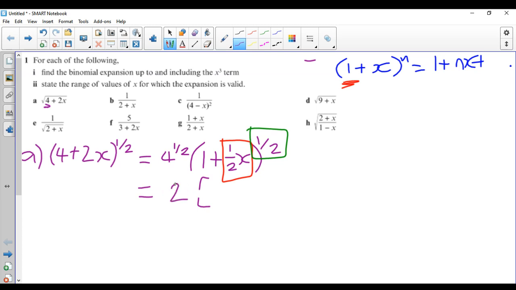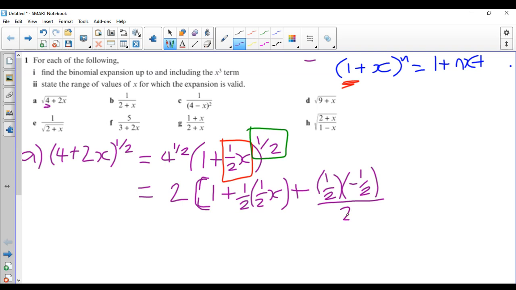Let's make life a bit easier. So I've got 1 plus nx, so that's a half x. Okay, plus n, that's a half, n minus 1, that's minus a half, over 2 factorial, that's just 2. And then I've got a half x, all squared.